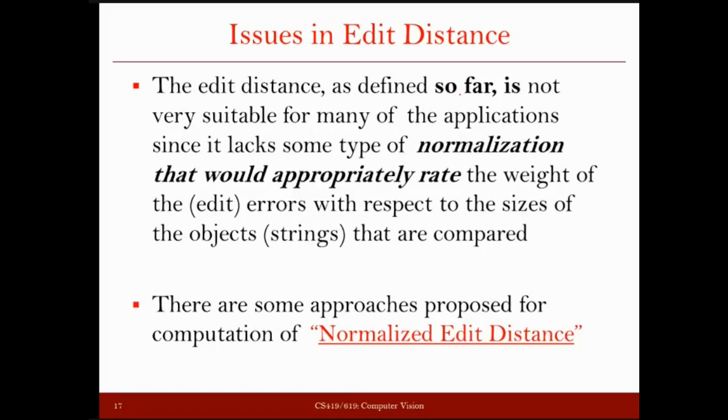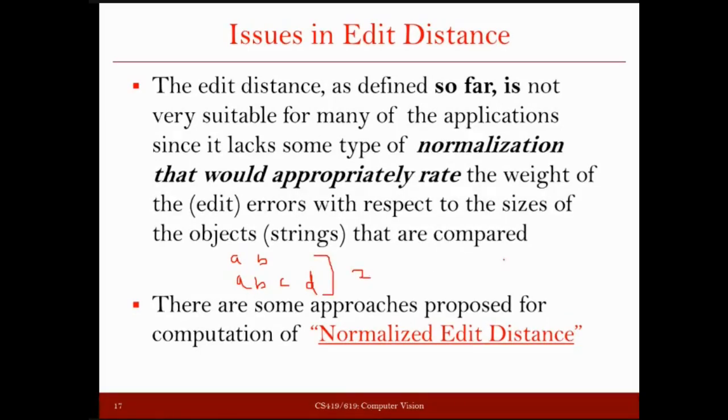But in this formula, there is one problem, and let us understand that with the help of an example. Suppose there is a string AB, and there is a string A, B, C, and D. You will see that clearly they have distance 2.